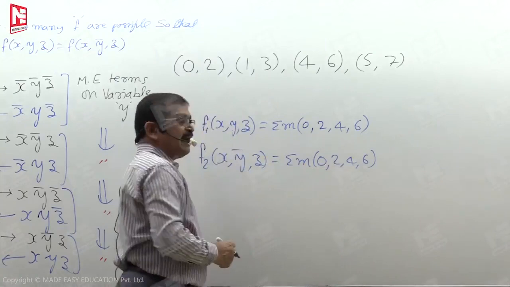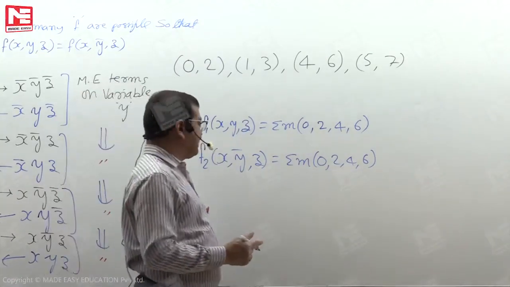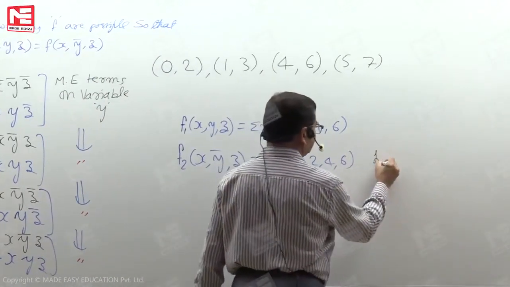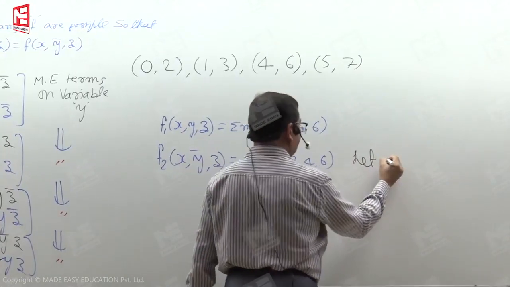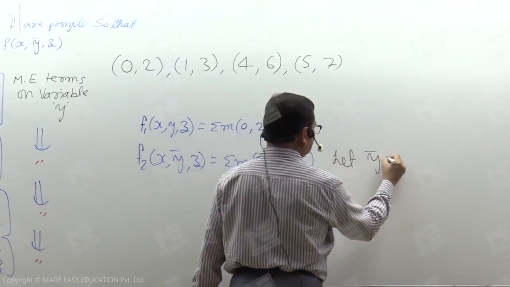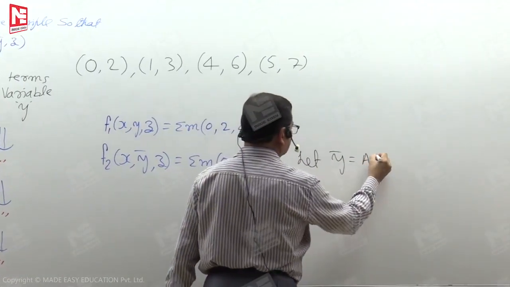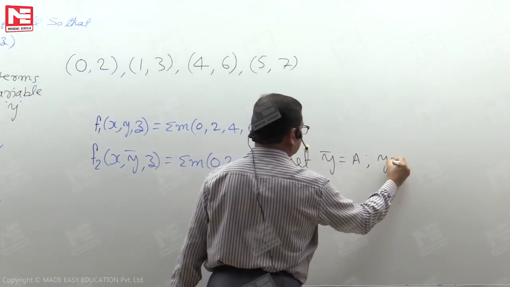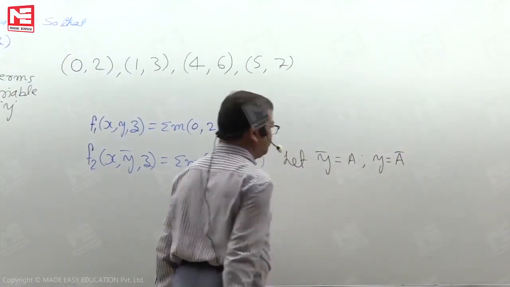We want to read the expanded canonical form. For reading it, let us consider y bar as, say, a, so that y becomes a complement.